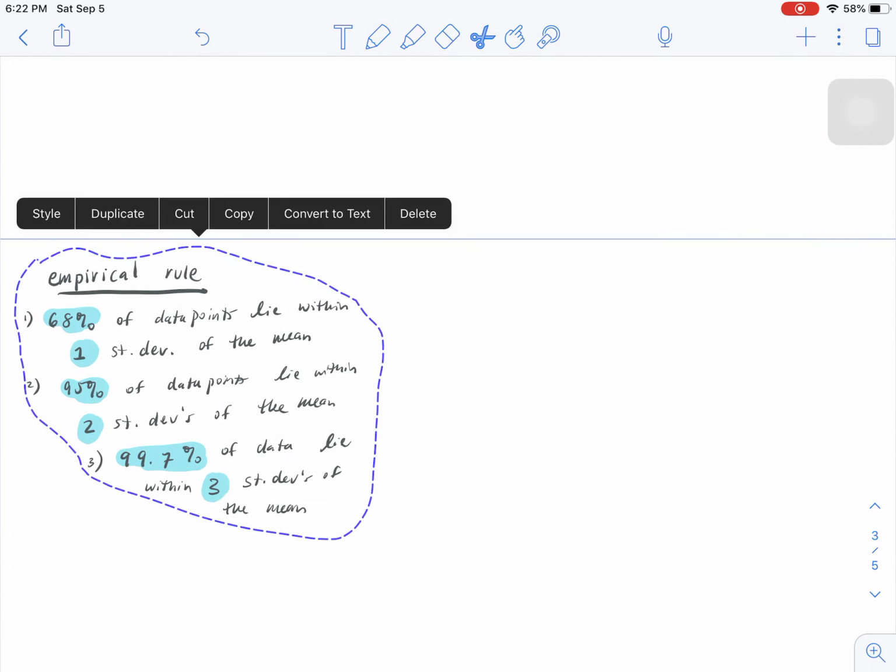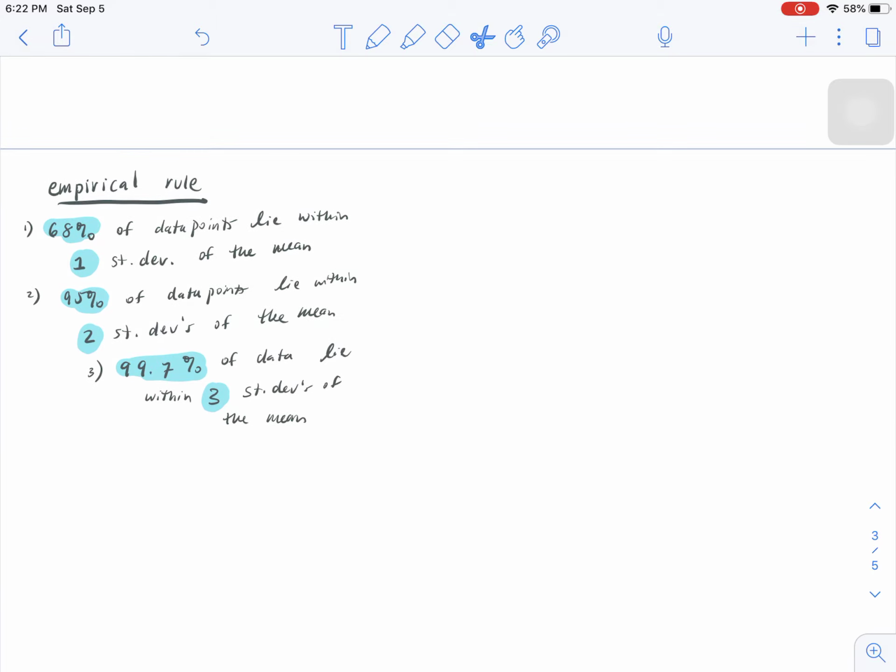The empirical rule says that for a bell-shaped distribution, 68% of data points lie within 1 standard deviation of the mean, 95% lie within 2 standard deviations of the mean, and 99.7% lie within 3 standard deviations of the mean.